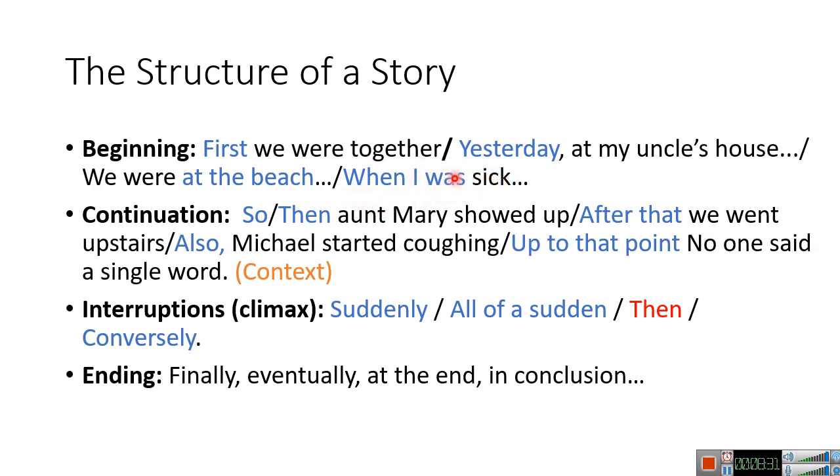So when I was sick, or when I was a kid, when I was 20 years old, we can say anything like that to start a story. Now the continuation. This one is the most important of the steps of a story, because it's something that most people get wrong.